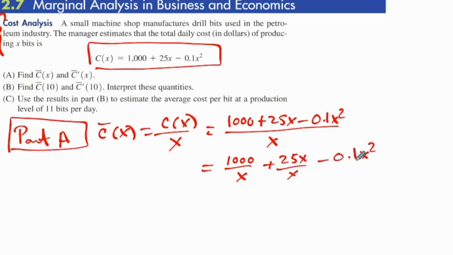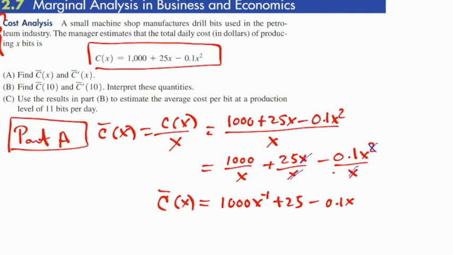Basically, we distribute the denominator to each numerator term and then rewrite so that we can use the power rule for derivatives. So 1000 over x can be written as 1000x to the negative 1 power. We see that the x's cancel in the next term, so we have plus 25, and then minus 0.1x, because the x's cancel again in the next term. This function represents our C bar of x, which is our average cost of production.